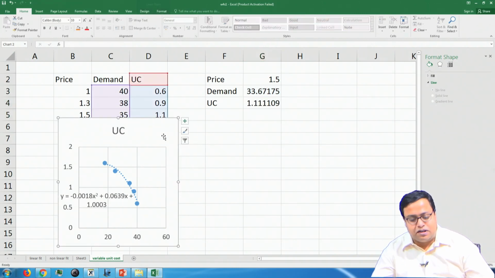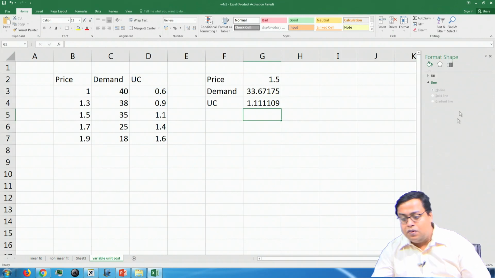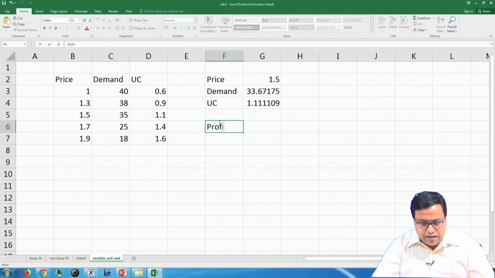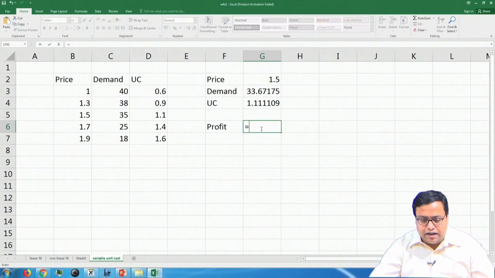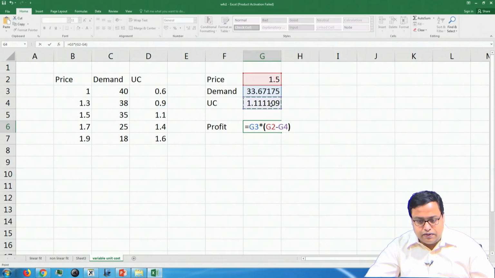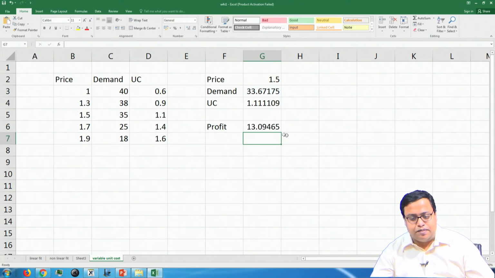Fair enough, that is my unit cost. So, now what will be my profit then? My profit is nothing but demand multiplied by price minus unit cost. So, that is my profit.